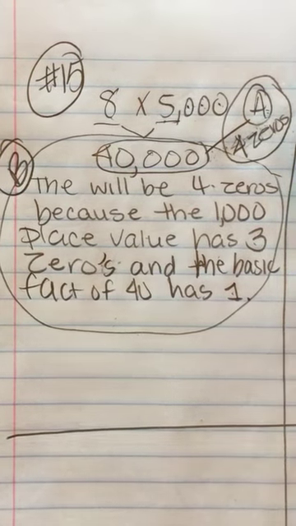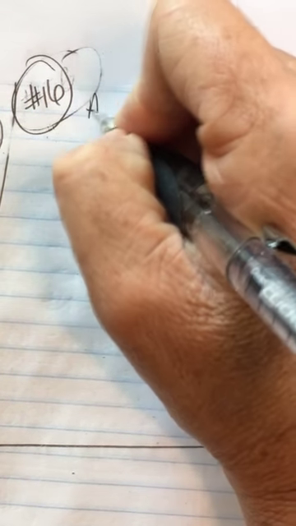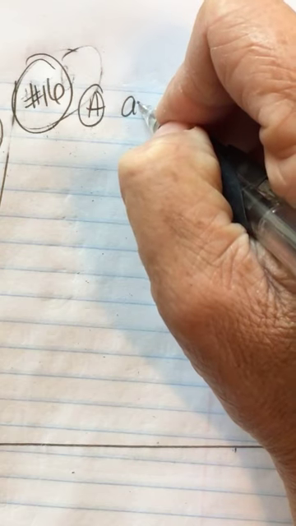All right, now we can move on to number 16. Number 16 says, Caleb, Marina, and Peyton made minions. They worked together and made 15 minions. They need 14 pieces for each minion. Okay, so A is we're going to make an array. We're also going to make an area model.